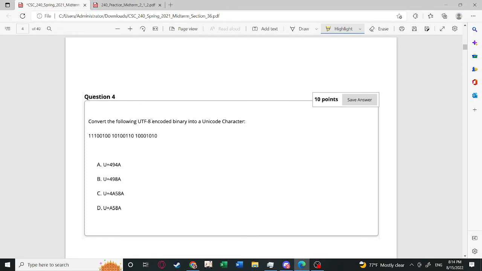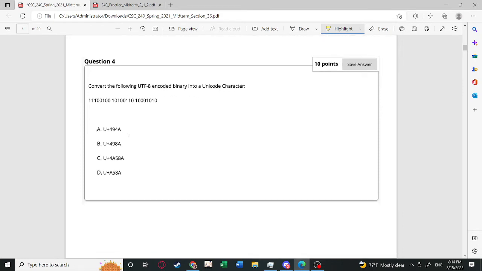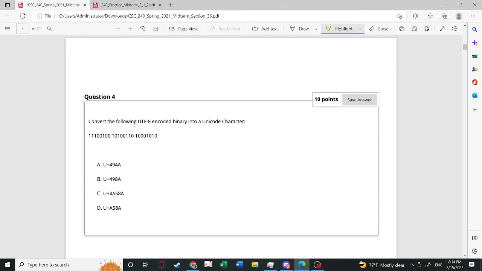Convert the following UTF-8 encoded binary into a Unicode character. What you do is you start from the right, go to the left, and you read every 4 numbers. The first one is 1010, so it's A, right? And then you have 2 zeros, and you ignore this 10 and take the rest of it.